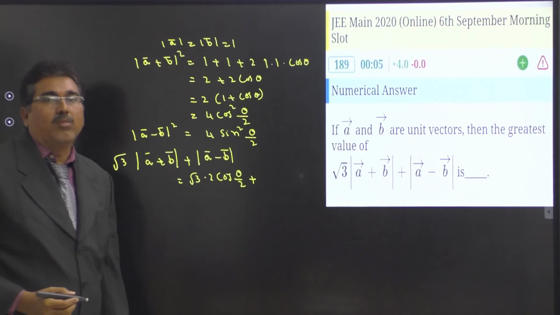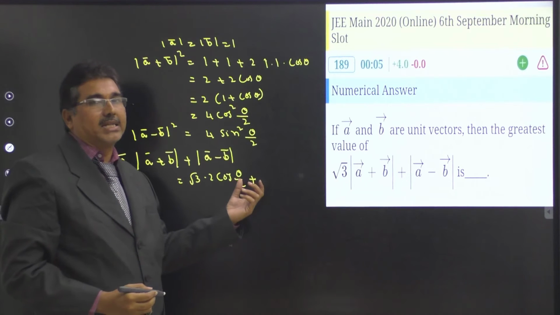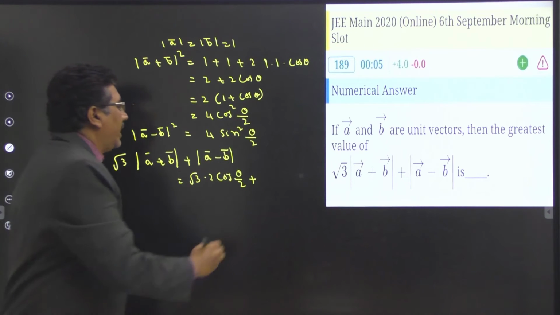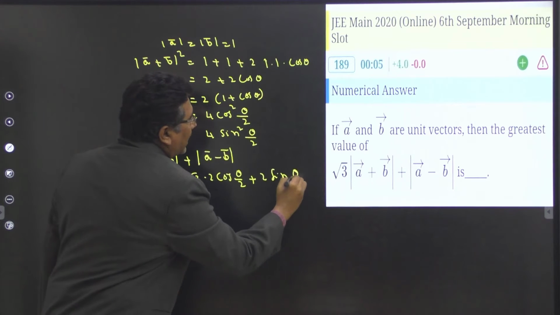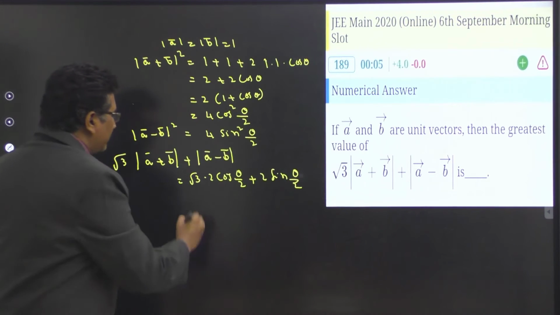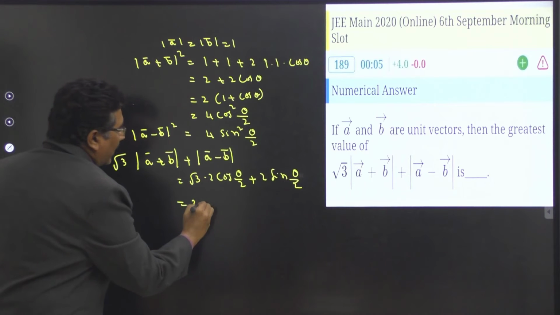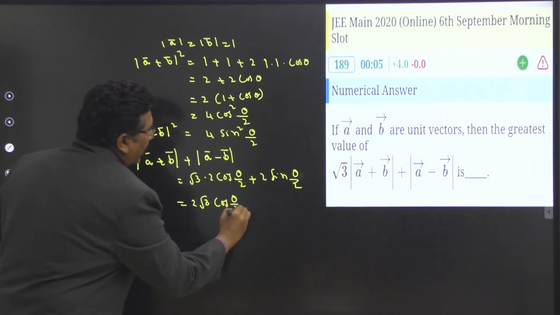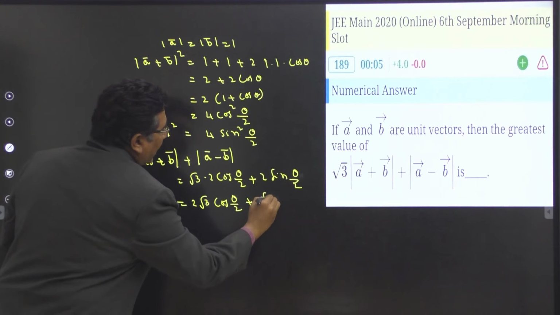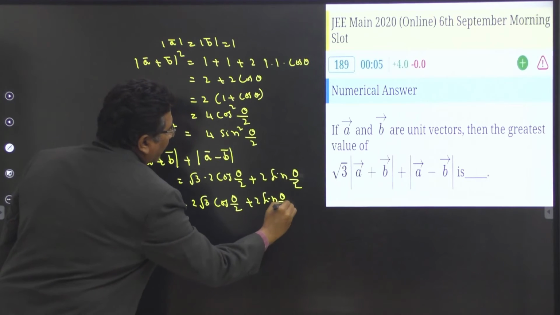What is modulus of A bar minus B bar value? 2 sin theta by 2. That is equal to 2 root 3 cos theta by 2 plus 2 sin theta by 2.